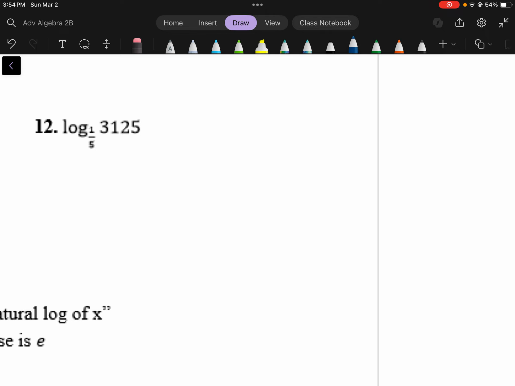12, again, I would rewrite it into exponential. This would be 1/5 raised to the something is equal to 3,125. In your brain, I would be thinking, I am starting with a fraction as my base, and I am becoming a whole number, a number that's not a fraction, a number bigger than 1.